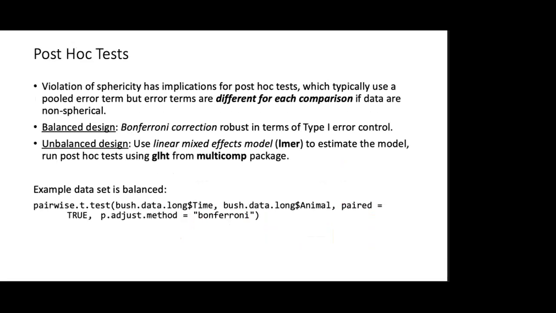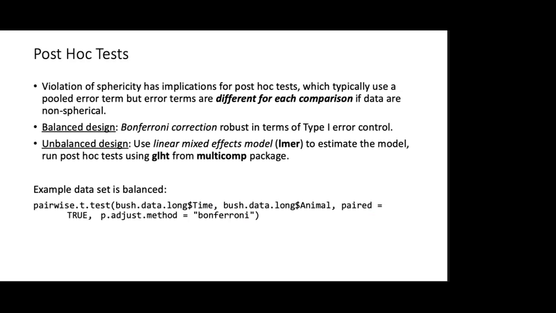These post hoc tests usually use a pooled error term, but if your data are non-spherical, your error terms are different for each comparison. If your design is balanced, then you're on the safe side: you just use Bonferroni correction, because Bonferroni correction is robust in terms of type 1 error control. So you can just use your post hoc test with Bonferroni as the adjustment method and you're good.